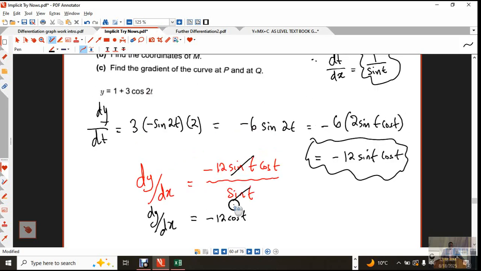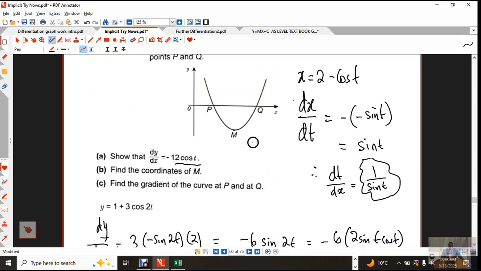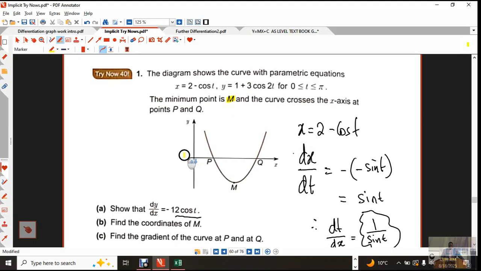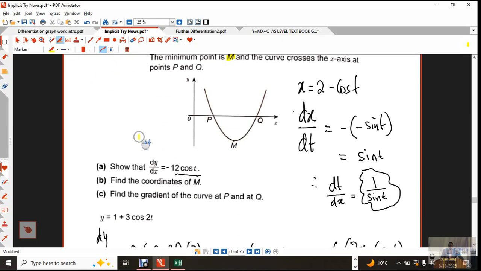Now part B of the question says find the coordinates of M. Now is that M a minimum point? Good. If M is a minimum point, then the gradient at that point, dy dx, will equal 0. So here dy dx is equal to 0 because it is a minimum point.